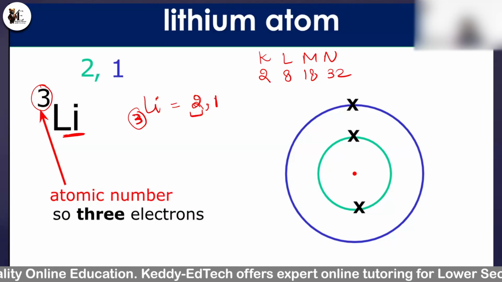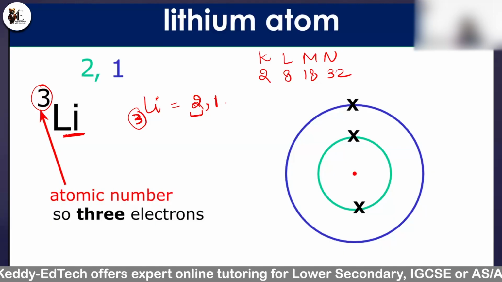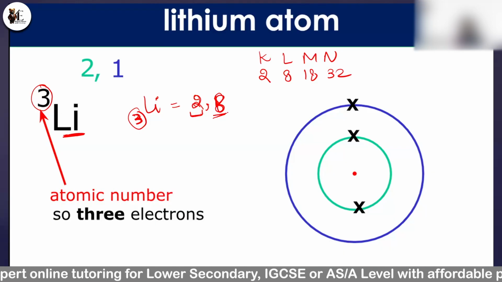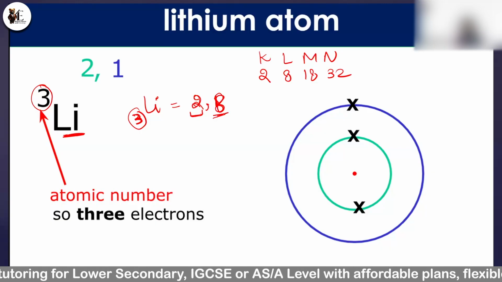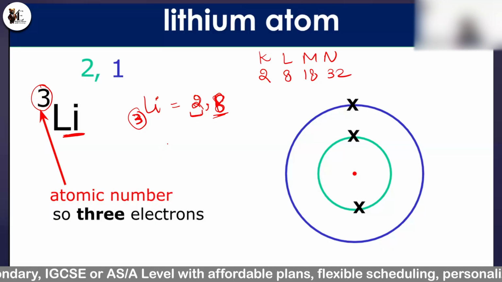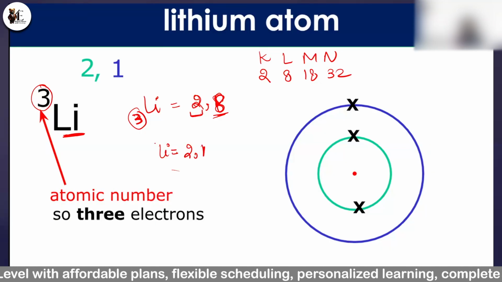So every element wants to complete its octet. If the outer shell contains 8 electrons, then it is stable because it is the configuration of a noble gas. That means it is completely filled. So if I ask you to write down the electronic configuration of lithium, it is 2, 1.